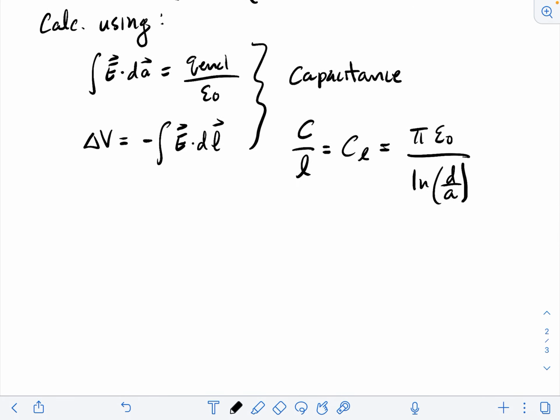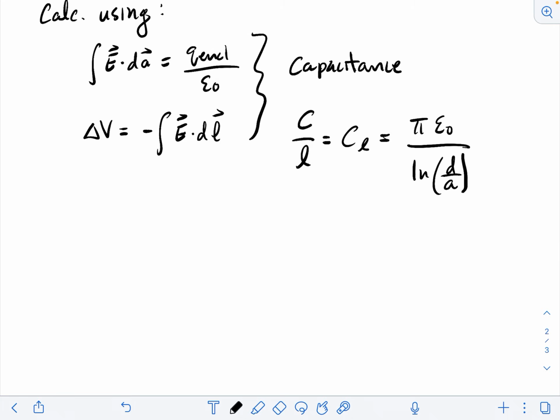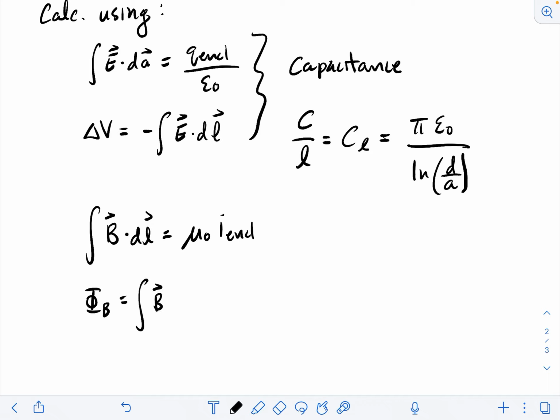Well, you can do something similar for the inductance. You would use the integral of B dot dl is equal to mu naught I enclosed. I think that's Ampere's law, right? So that tells you the magnetic field. Once you know the magnetic field, you could calculate the magnetic flux, which is B dot dA.